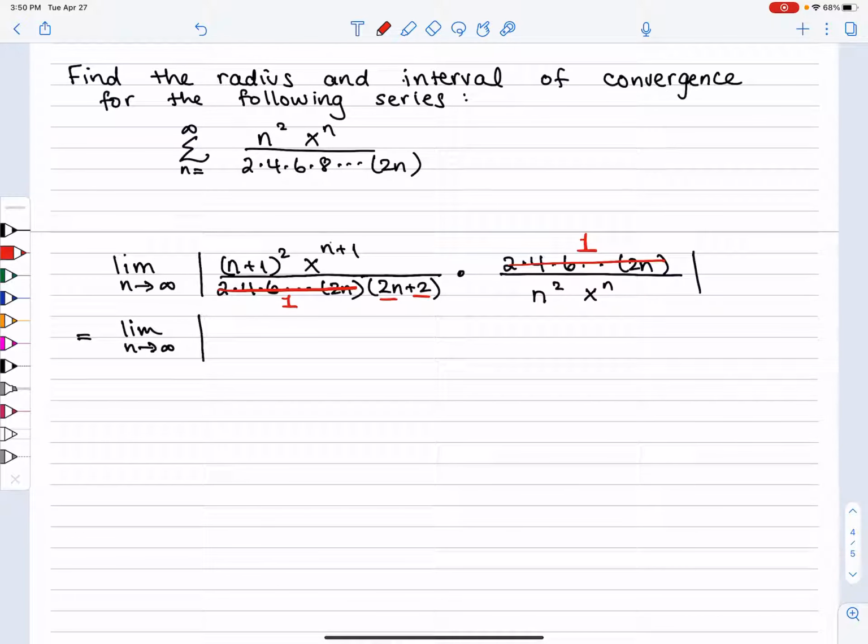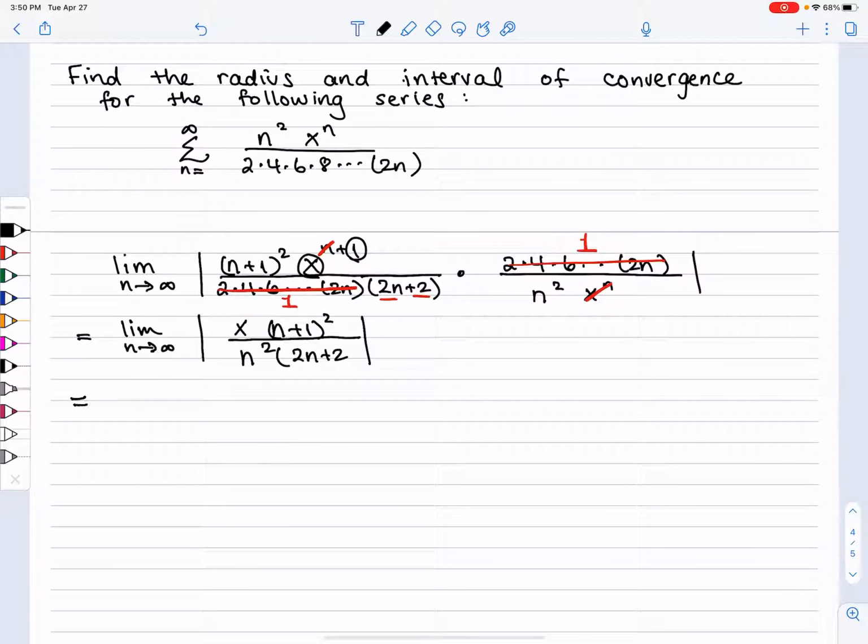We can simplify x to the nth in the numerator with x to the nth in the denominator. And after you simplify that, you have (n+1)^2 times x, so let's not forget that, x to the first, over n squared times (2n+2).